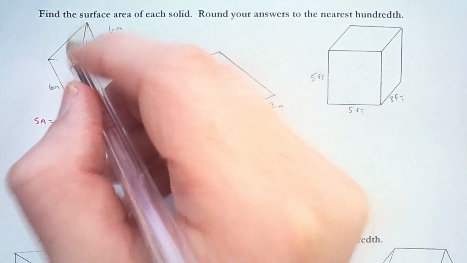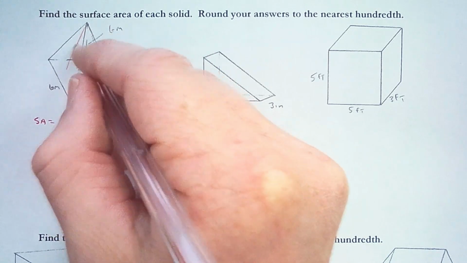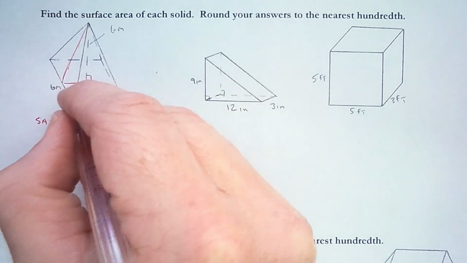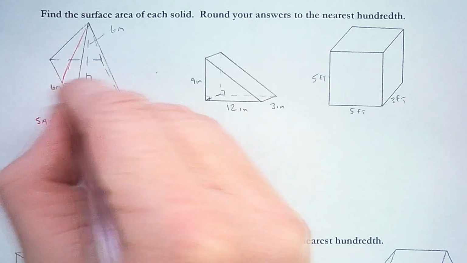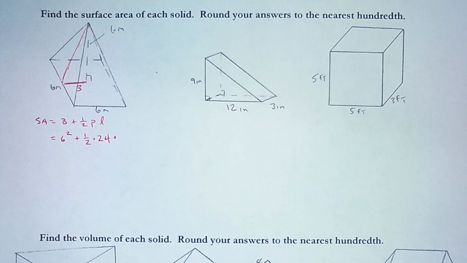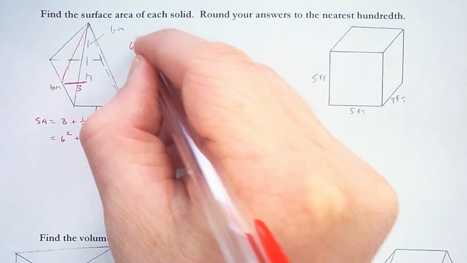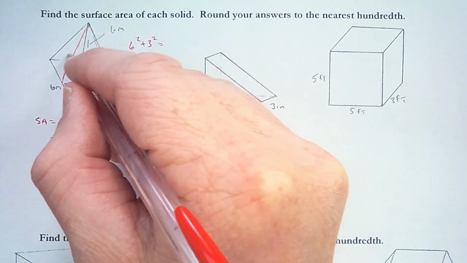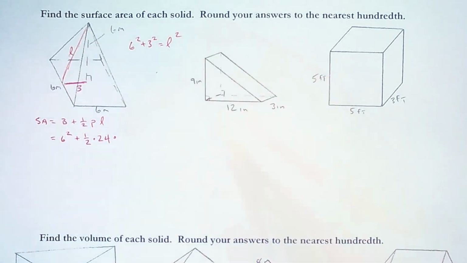Okay, so for the slant height, I'll draw one in. So we've got a height here of 6 and a half side length here of 3. So we're going to do 6 squared plus 3 squared equals the hypotenuse, which is the slant height squared.